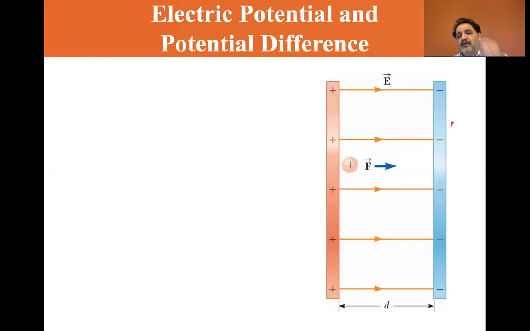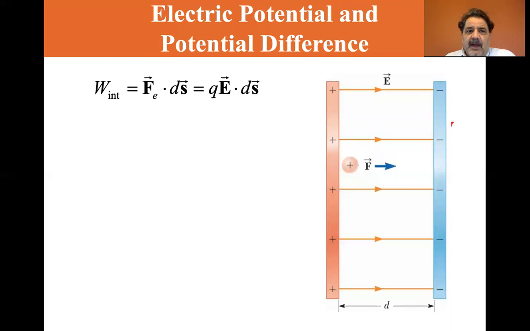So what happens if we have this electric field from these plates, and you put a positive charge in there? Well, work is done. It's a positive charge, so it's going to be repelled by the positive plate, and it's going to be attracted to the negative plate. Whenever you have movement, you have work done.